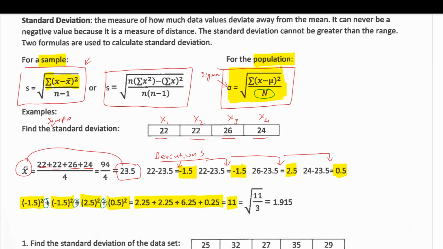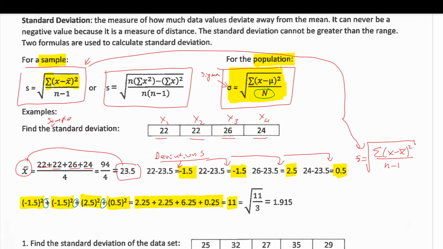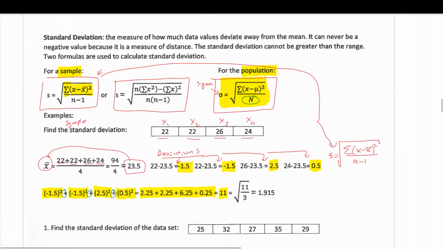Now, let me just rewrite this formula and bring this over here. S equals the square root of the sum of the deviations squared divided by the sample size minus 1. So far, this 11 here is the sum of the deviations squared.